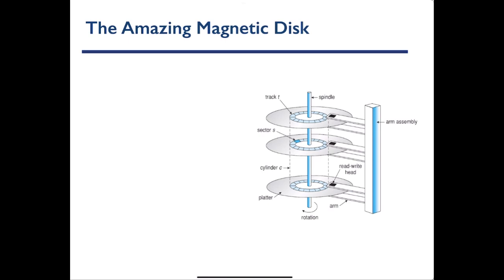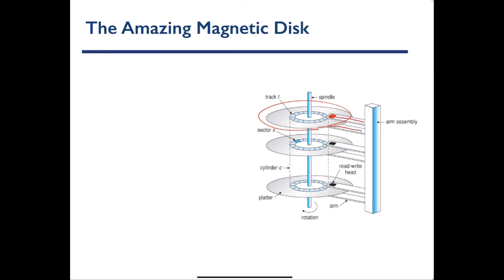So the main components of a magnetic disk are the platters. These are the disks that are rotating. On both sides of these, you can store data. The way you read and write is through these heads.